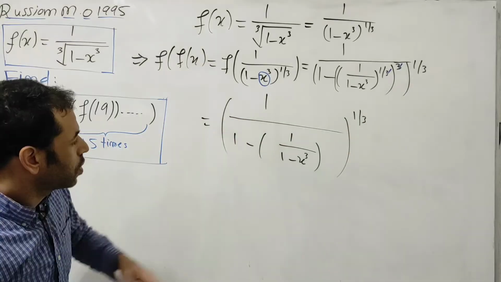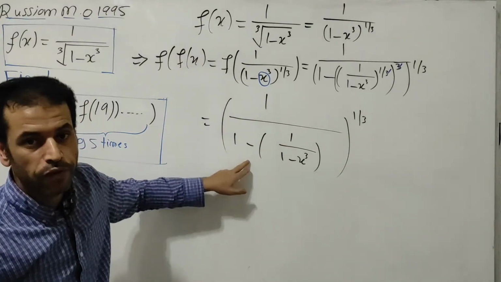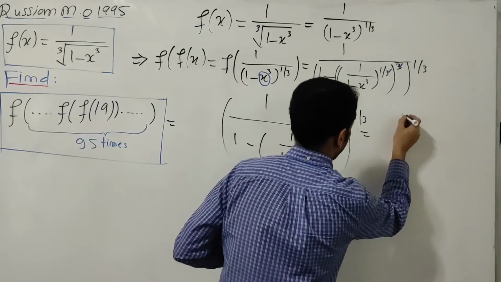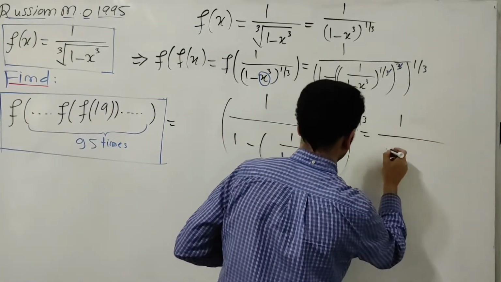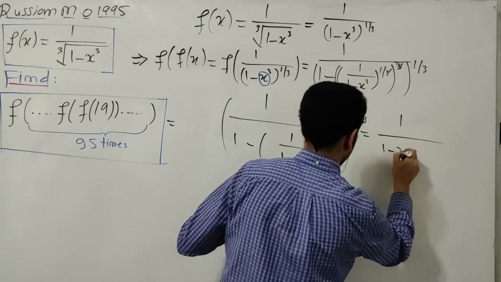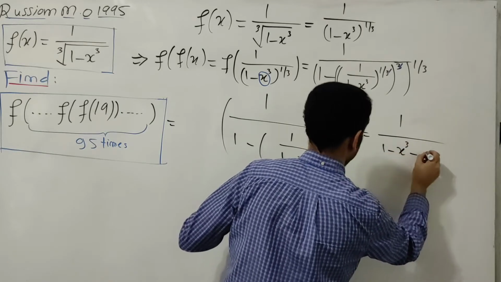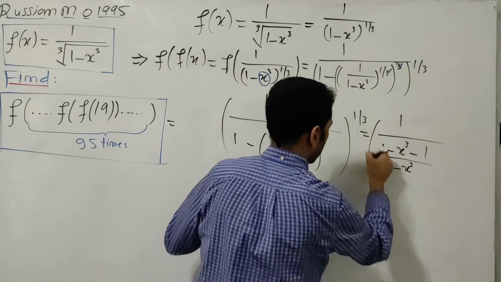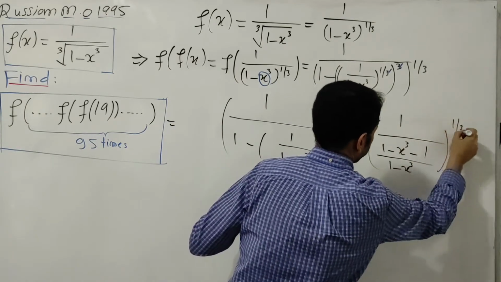Now I'm going simply to simplify this one. By simplifying, I will have 1 over (1 minus x cubed minus 1 over 1 minus x cubed), all raised to the 1 over 3.